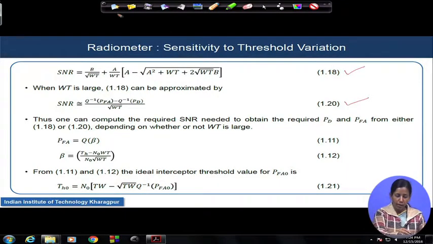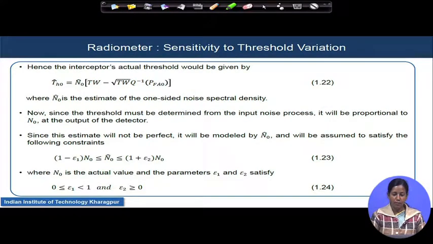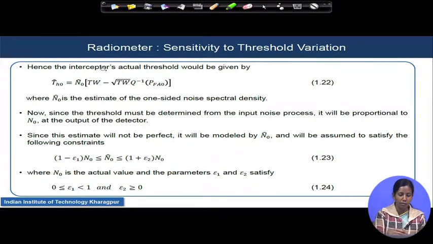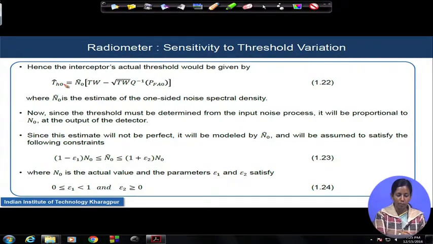Next, if we wish to see the interceptor actual threshold, that will be an estimated value, following the previous equation for TH0. Similarly, the estimated value will be given by TH0 estimate.